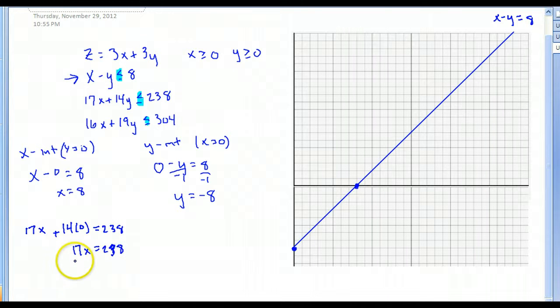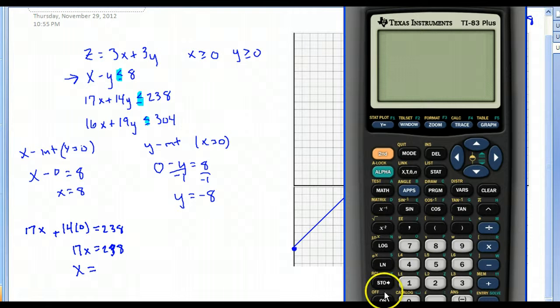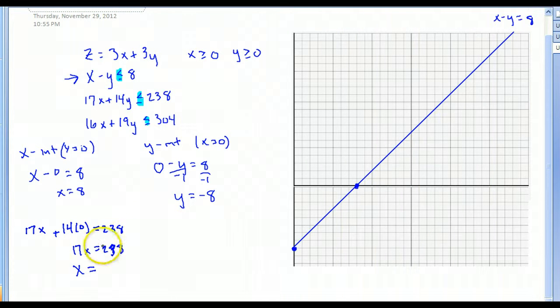Divide both sides by 17, and I get X equals 238 divided by 17, which is 14. So X equals 14. I'm going to use red this time. So 14 would be, there's 10, 11, 12, 13, 14.